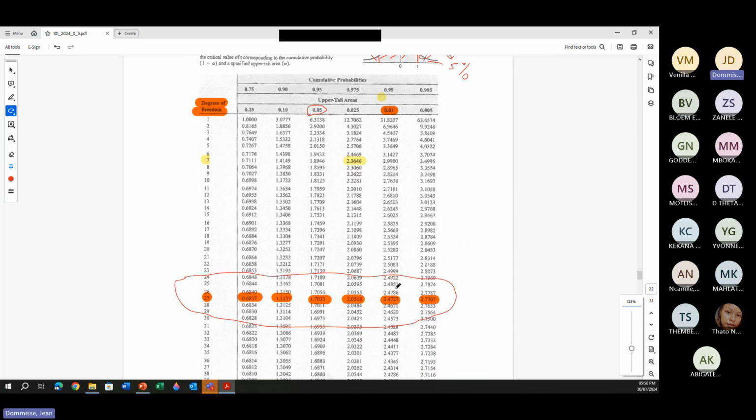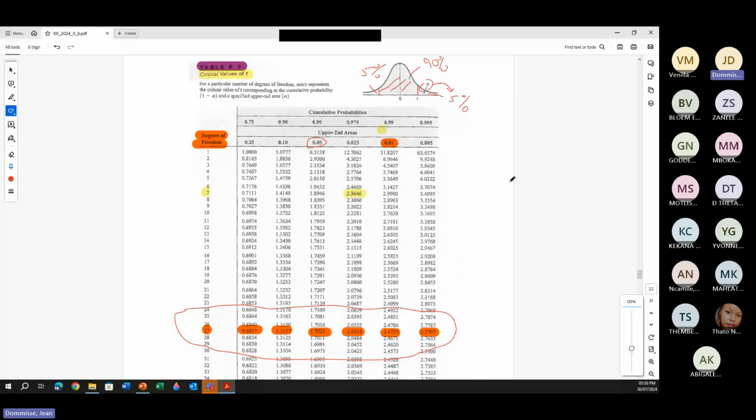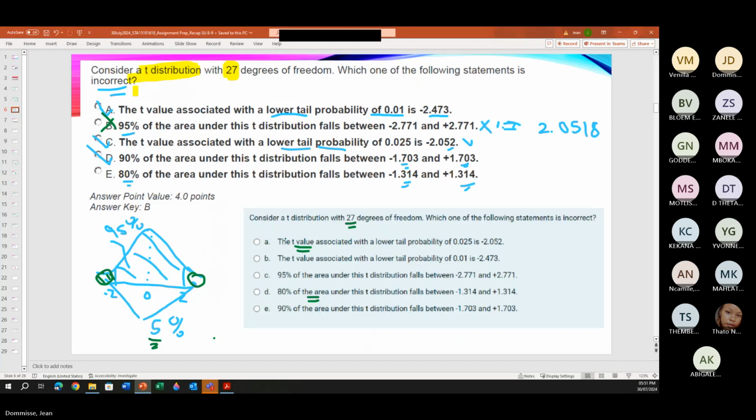One smaller, that we can also just look at that component. Okay, so let's first see if we need to work out a t-value. They say, what is the t-value associated with a lower tail probability of 0.025?